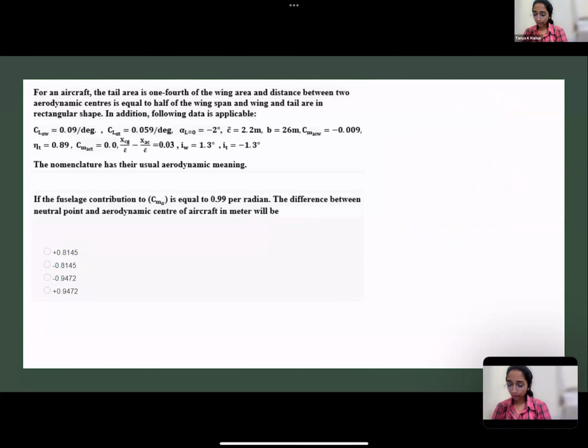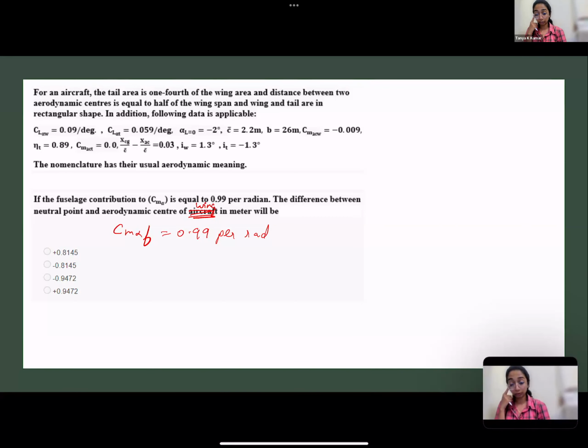Now, if the fuselage contribution towards CM alpha is equal to 0.99 per radian, so your CM alpha fuselage is 0.99 per radian. The difference between neutral point and aerodynamic center of the wing in meters will be, it should be aerodynamic center of the wing, not aircraft, because the aerodynamic center of the aircraft is the neutral point, okay?